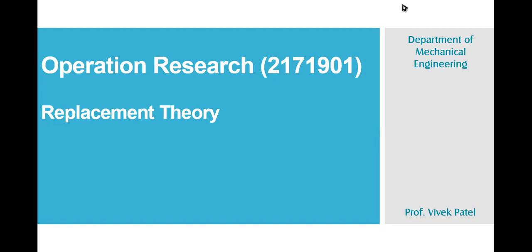So it is advisable in such scenarios to have preventive maintenance, so that we can replace that component prior to the failure, and reduce the consequence costs which arise due to the failure of such less expensive components.